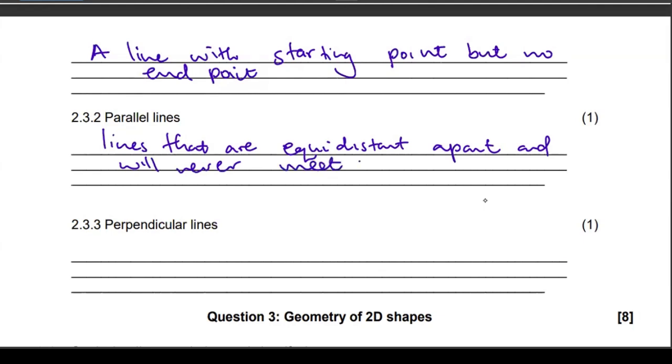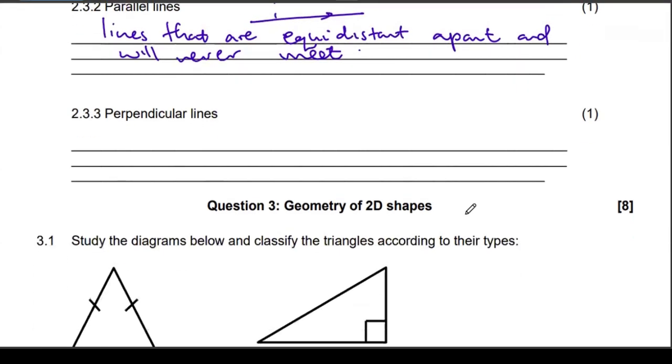Or you can give us your definition based on your understanding, for as long as there's an interpretation that these lines are not going to meet at any one point. What I mean by equidistant is that the distance between the two lines will be the same continuously. An example is the railway tracks or the road of the train.